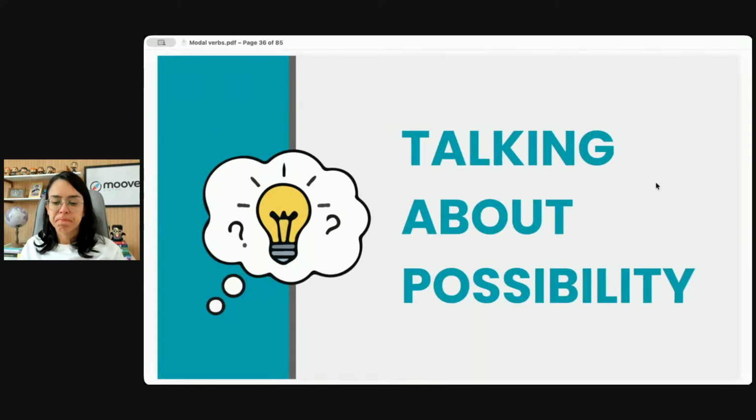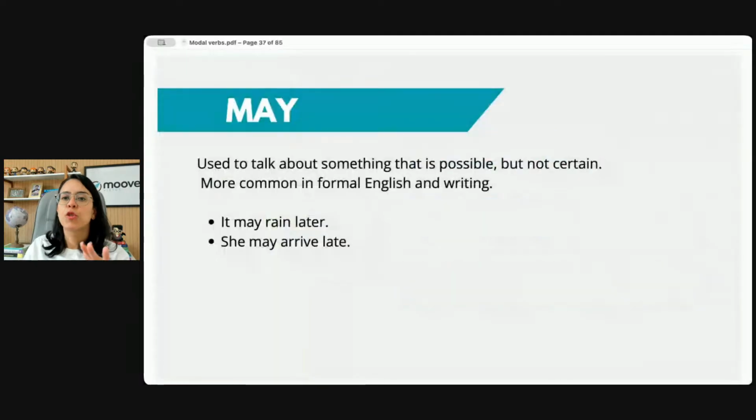Now, I'm gonna talk about something that is extremely important for proficiency exams, using may and other structures to talk about possibility. Okay, this is like very important, and I'm going to explain why. Okay, right. So we use may to say that something is possible, but you're not 100% sure about it.